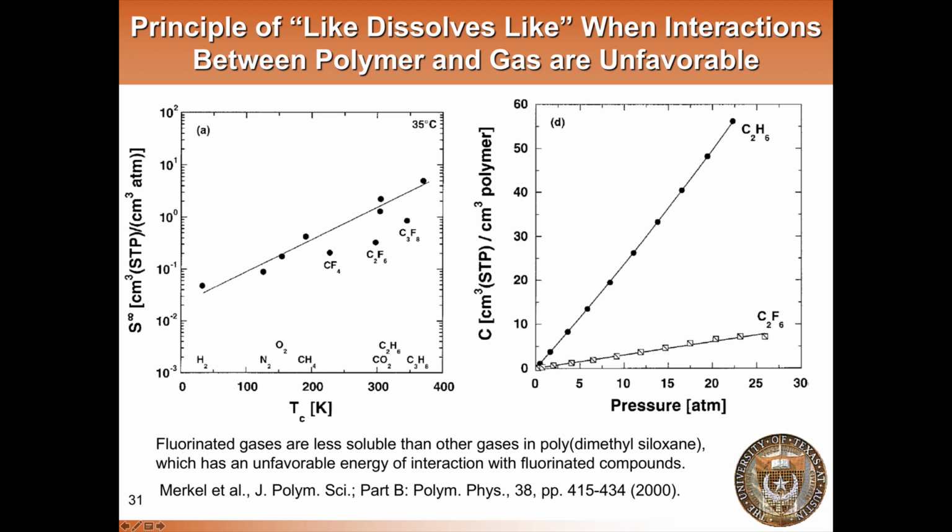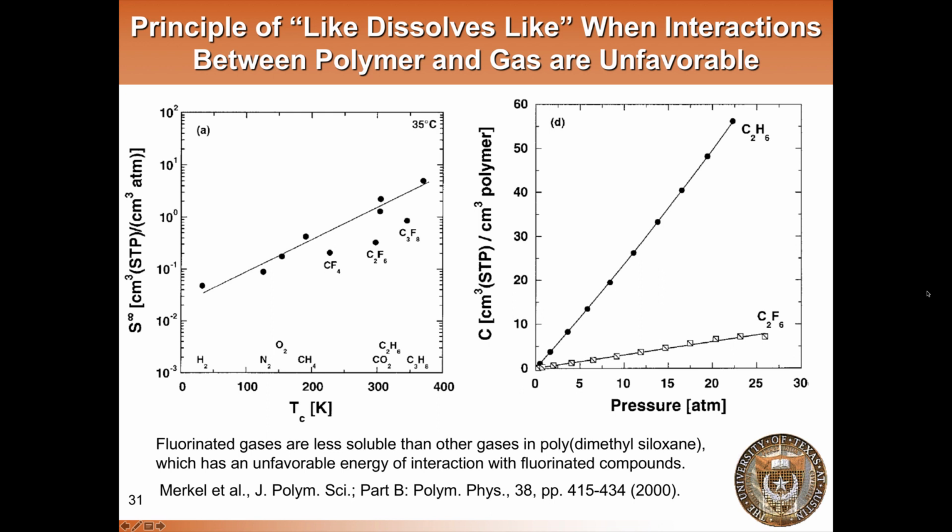And this phenomenon is useful in the sense that we can also see this trend in opposite fashion when membranes are made from perfluoropolymers. And so we can make perfluorinated polymer membranes, make these same measurements. And what you would find in that case is that the fluorinated penetrants would lie on the line, but the hydrocarbon penetrants would lie below the line.